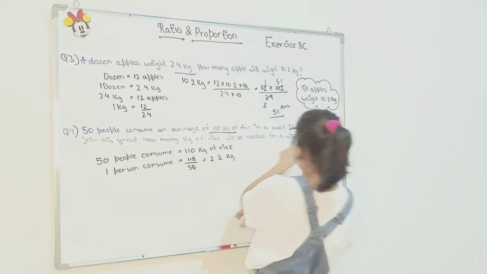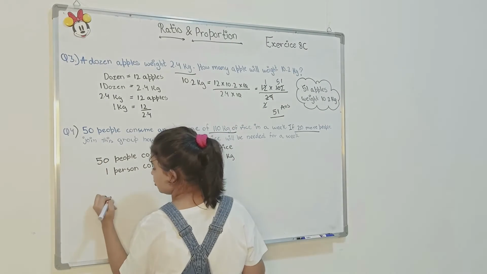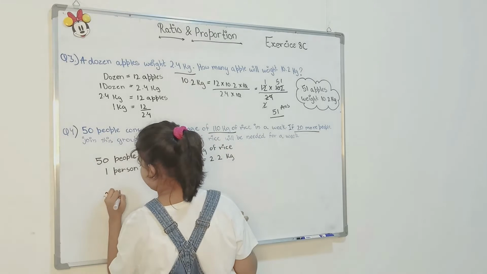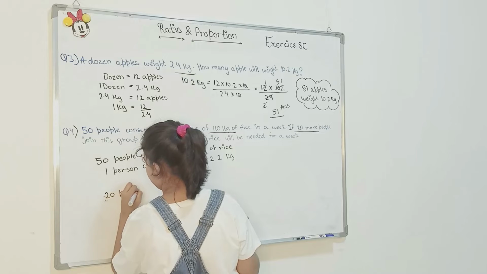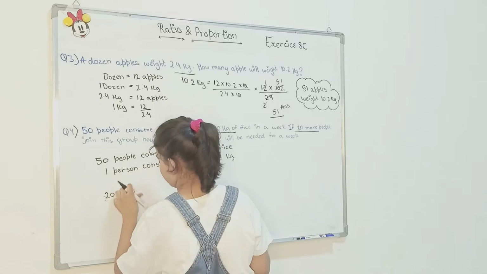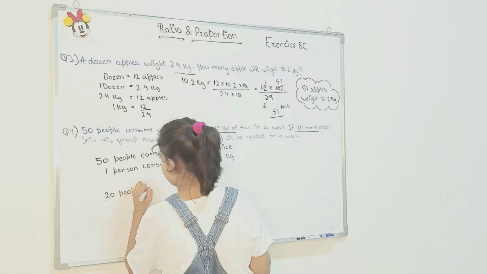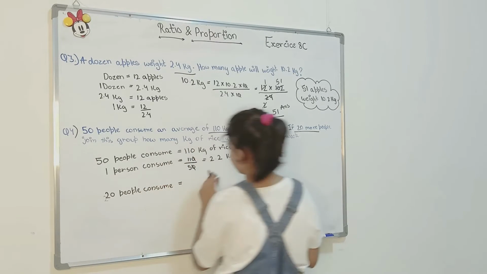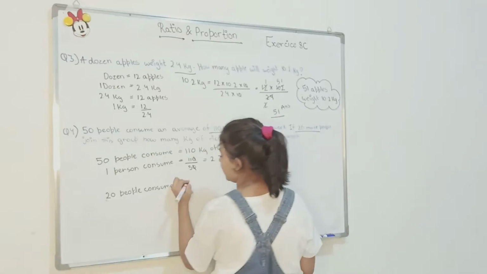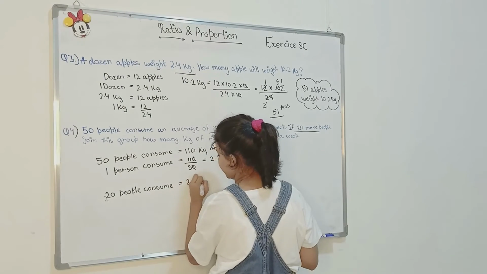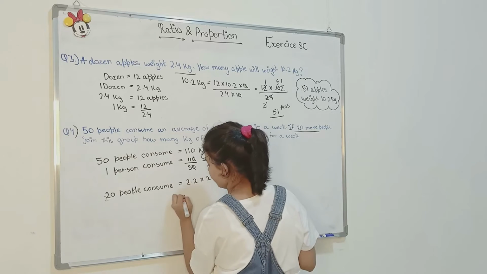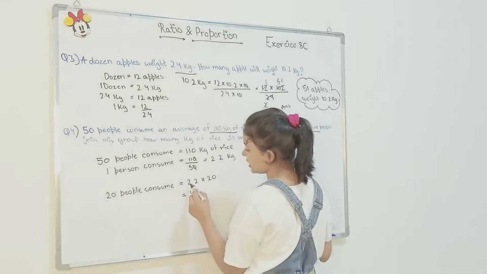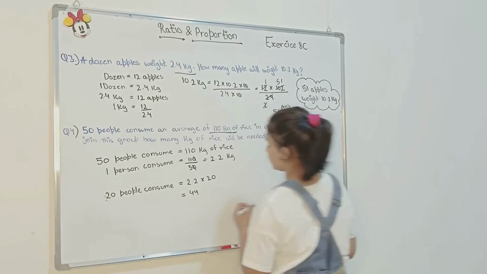Then we write 20 people more joined. 20 people consume is equal to, now 2.2 we got for one person, so we multiply 2.2 into 20. Then we get the answer as 44. The decimal point is now gone, and then 22 into 2 is equal to 44.